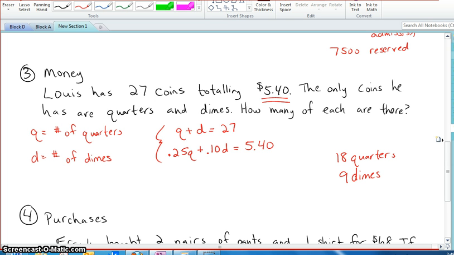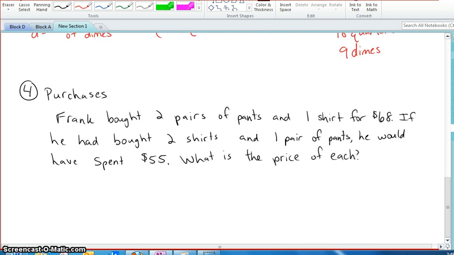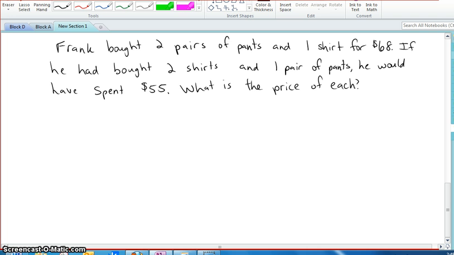Okay, and the last topic we talked about was purchases, buying stuff. If someone buys this amount of food and this amount of food, altogether they spend this much. Or in this case, I've got Frank who bought some pants and he bought a shirt. Reading the question, I know that it asks, what is the price of each?